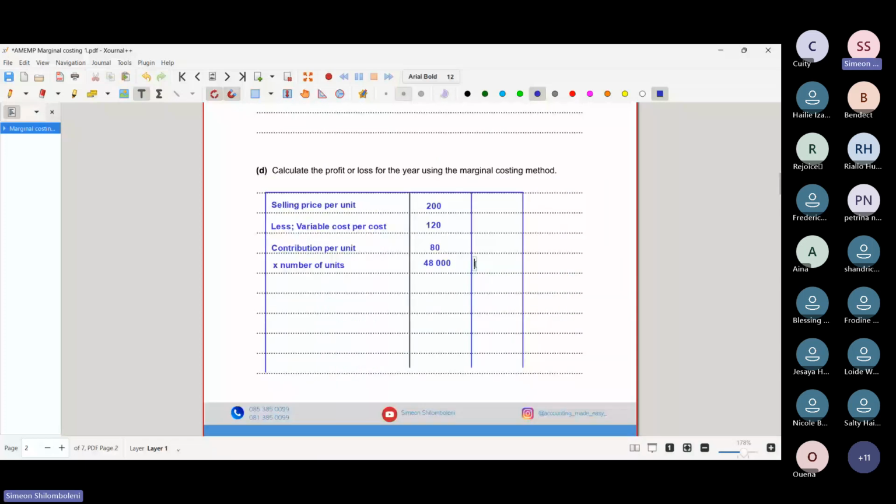Unless there's something you don't understand, then that's when I can go through it. Less fixed costs, 96,000. The figures don't really make sense because I'm just taking them from my head. The business can make a profit of 384,000 with a fixed cost of only 96,000. The moment you have this situation, everyone wants to do that business because it's very lucrative. But the idea is for us to understand. Then it's not profit or loss; you must only choose one.